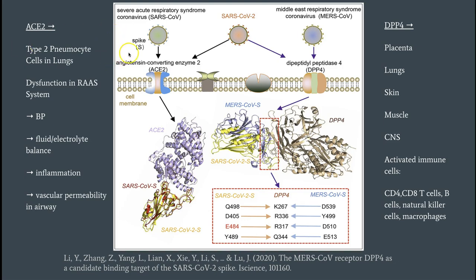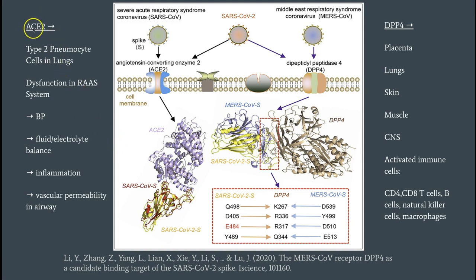So this is a study that compared SARS, the current coronavirus, along with the previous SARS, and then MERS. The previous one specifically targeted angiotensin converting enzyme, and then the MERS targeted DPP4, a serine protease that is all over the body in multiple immune cells, the central nervous system, your lungs, your skin, your placenta.